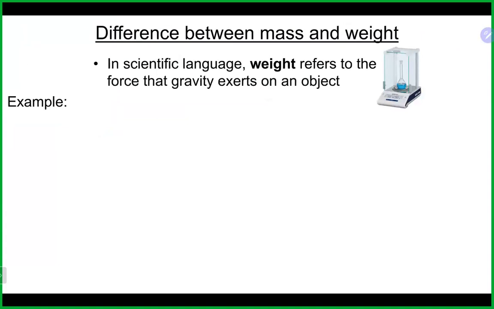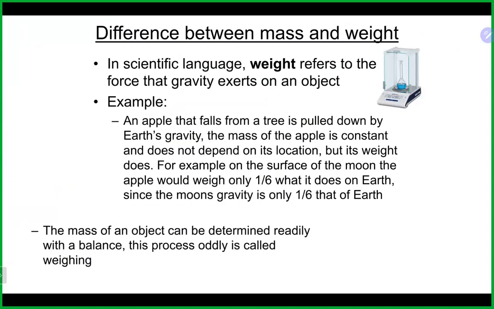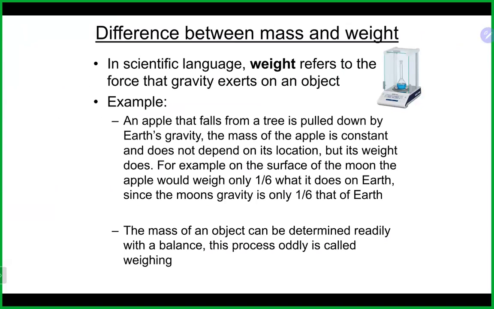Now, there is a difference between mass and weight, and sometimes people use them interchangeably. But specifically speaking, weight refers to the force of gravity that exerts itself on an object. Mass is independent of the force of gravity.